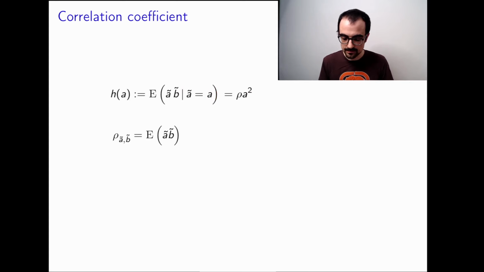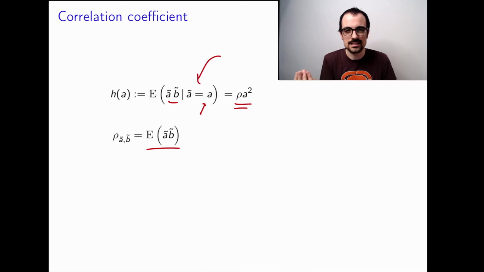Again, this result that the conditional mean is equal to rho A, we obtained by essentially writing out the distribution. You can take a look at the video on Gaussian random vectors to see how we did that. But the important thing for now is that we have this expression for the expected value of A times B given this fixed value for A. Now, if we want the expected value of A times B in general, we just need to plug A in again here.